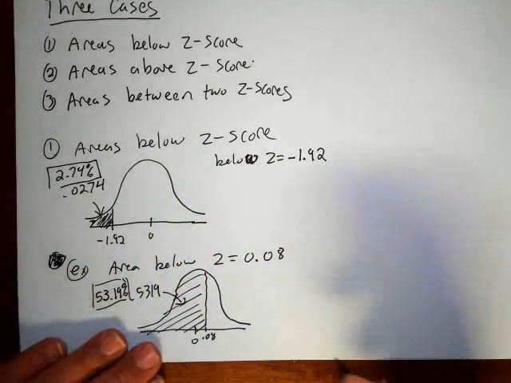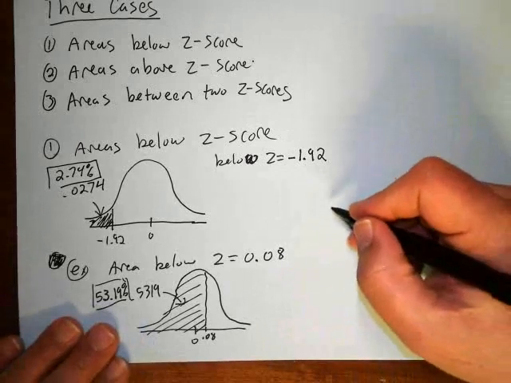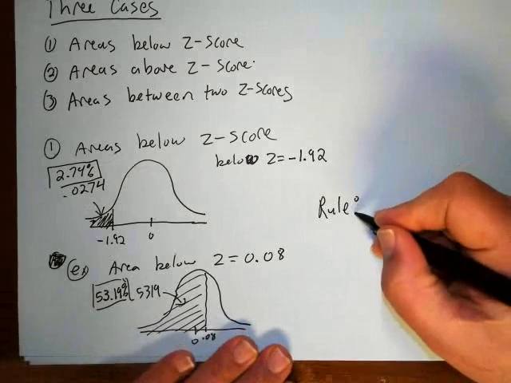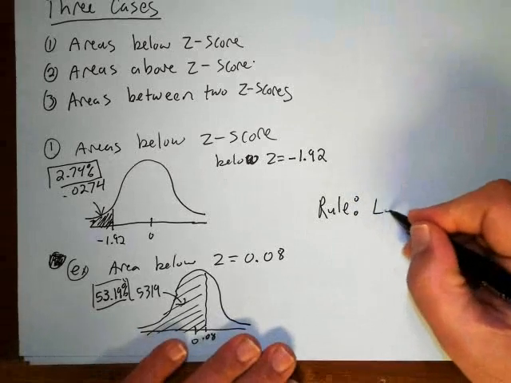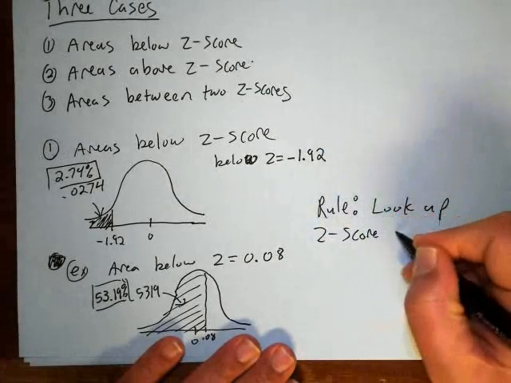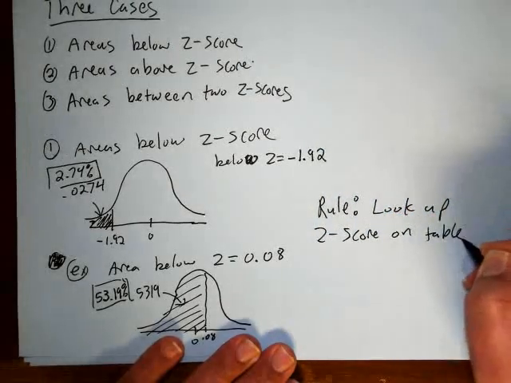Okay? So if I were to write a rule for case 1, basically, the rule would be look up the z-score on the table.